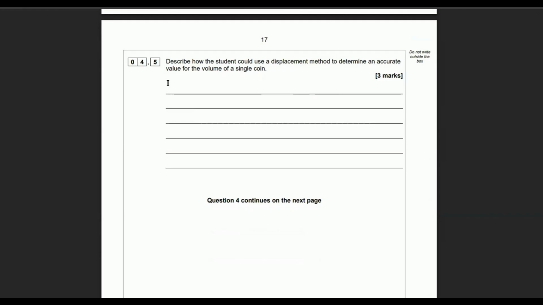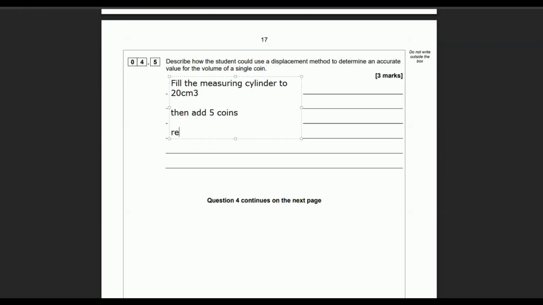So they should fill the measuring cylinder to a set amount, let's say 20 centimeter cubed, then add 5 coins, read the change in volume of the water in the measuring cylinder, or read the new volume, and calculate the change.